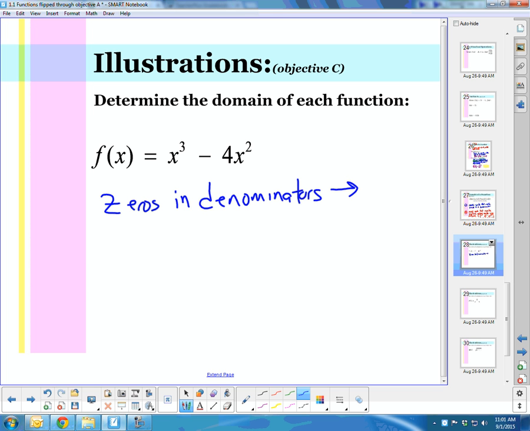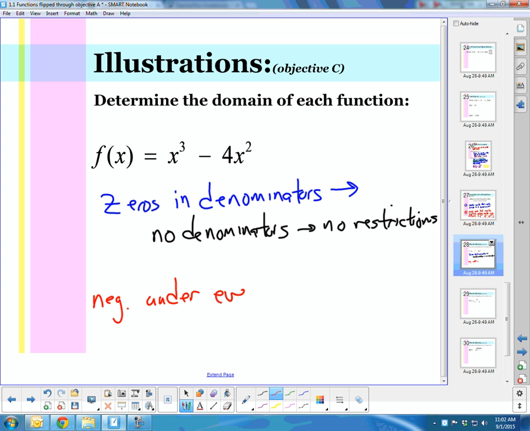The x cubed, the x is not in a denominator. The x squared, the x is not in the denominator. So we have no restrictions. And it's all good.